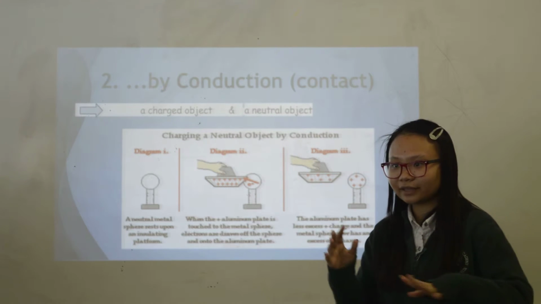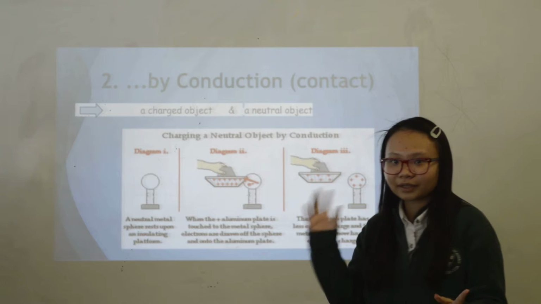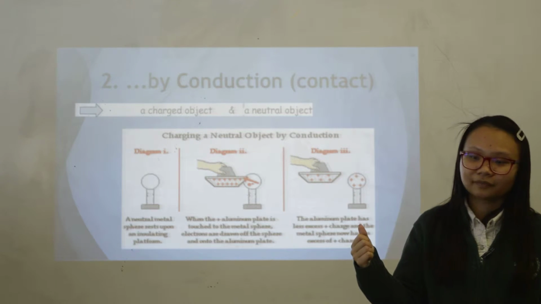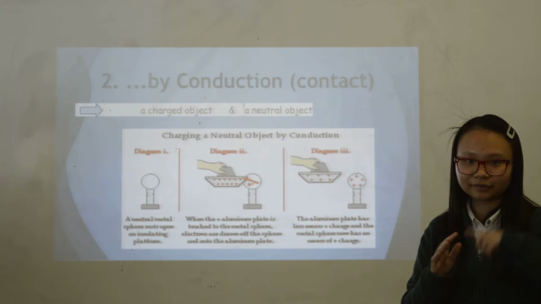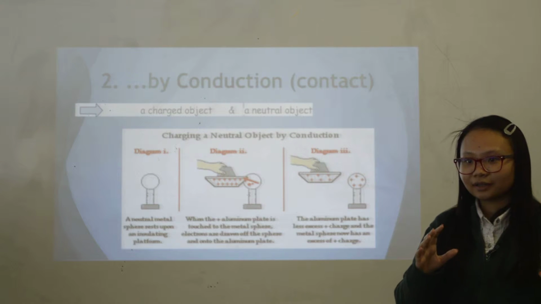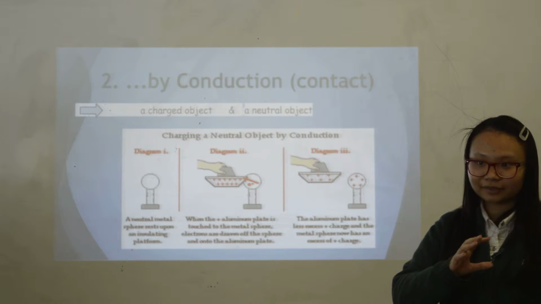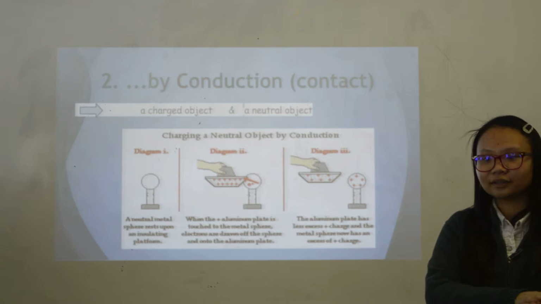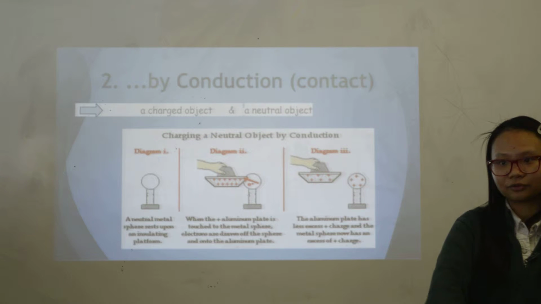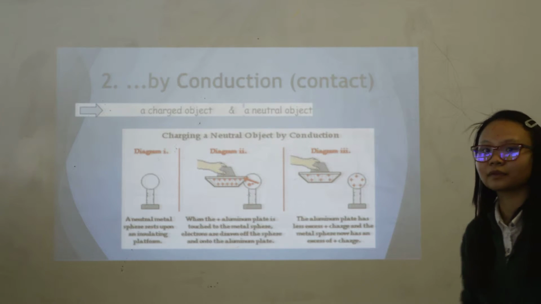That's just a process of conduction. Which means your charged particle attracts the other ones, and when you get in contact with each other, the electrons are transported to another particle.